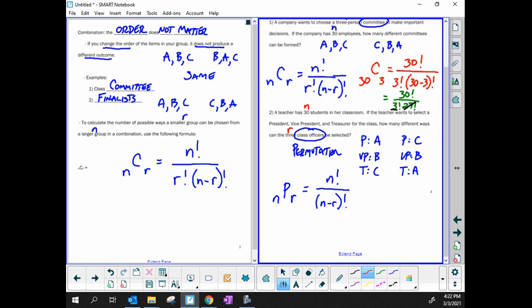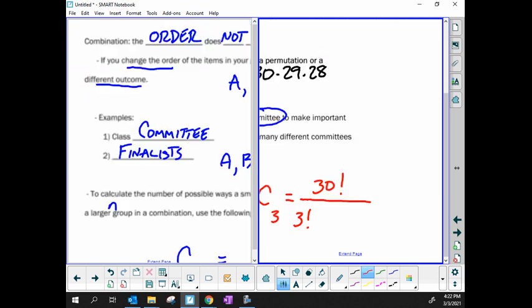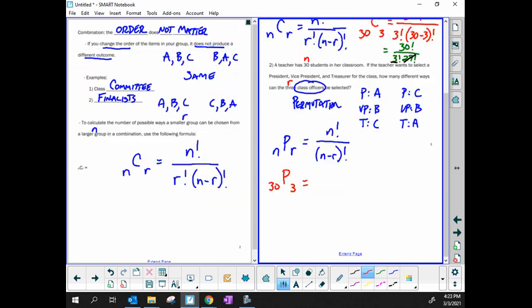That's my R. So we're doing 30 P 3. So we just plug it into that formula. This is 30 factorial on top. On the bottom, instead of N minus R, it's 30 minus 3 factorial. Well, let's simplify that. 30 minus 3 is just 27. So this is 30 factorial over 27 factorial.